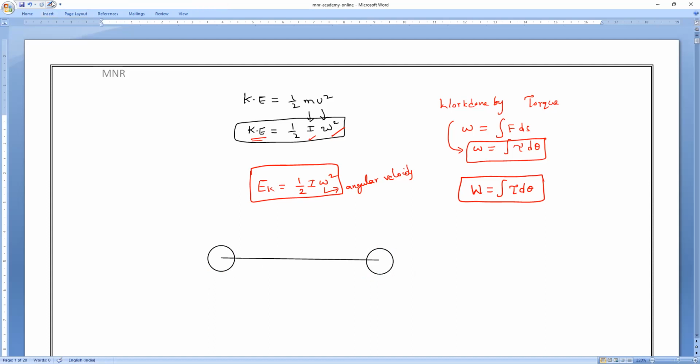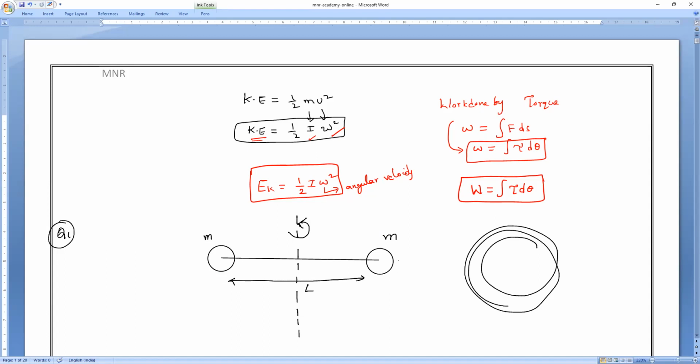Both masses are the same. Question number 1, you write it. The mass of this wheel is m and the mass of this wheel is also m. Both are separated by a distance L. Imagine the axis of rotation passing exactly through the middle, and the body is rotating like this, imagine it as two-dimensional.